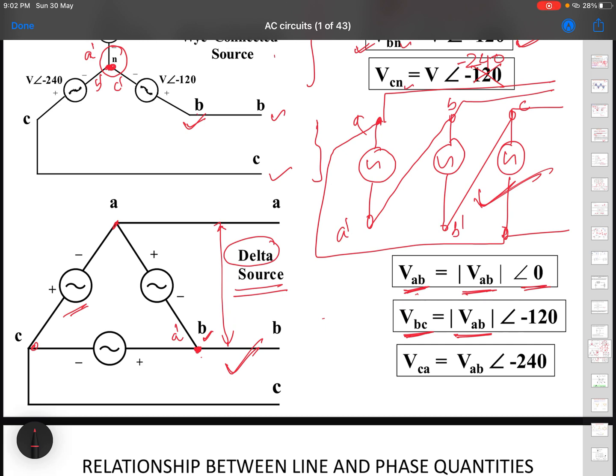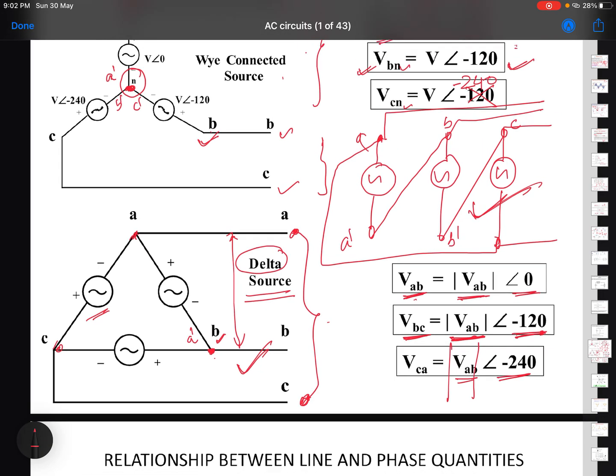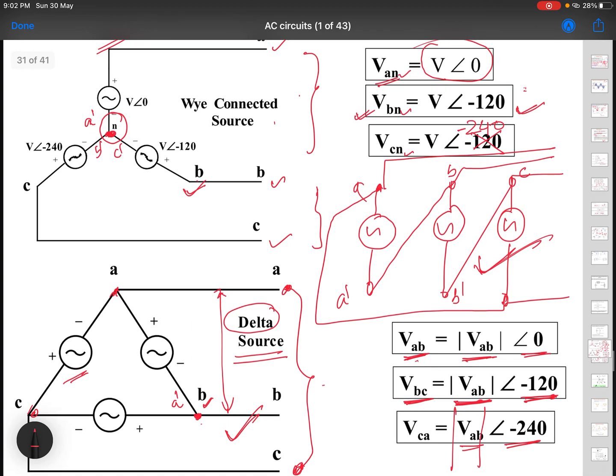So only the angle differs. The magnitude is VAB, but the angle is minus 120, and similarly VCA, the voltage between C and A, has the same magnitude and angle minus 240. So these are different ways of connecting the sources in a generator, so that the EMF can be brought out and transferred with the least number of conductors.